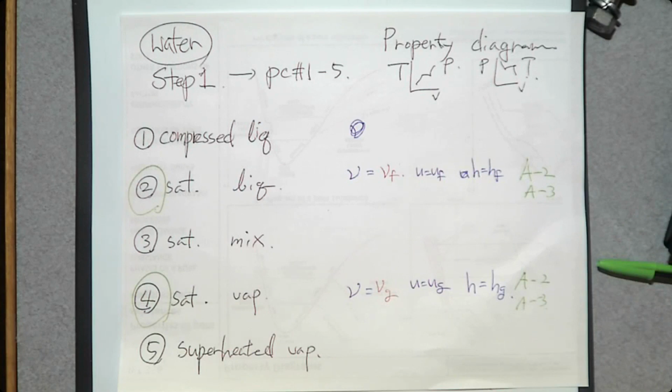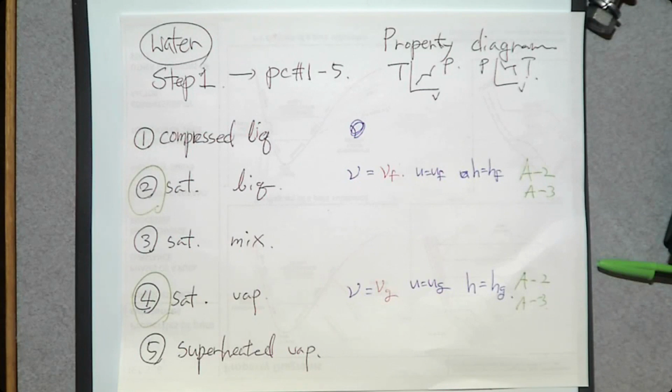Let's say 10% liquid, 90% vapor, or 50% vapor, 50% liquid, 30% liquid, 70% vapor. Depending on the ratio between liquid and vapor, the properties of the mixture should be different. So if you want to evaluate the properties of this saturated mixture, you need to know the mixing ratio first. How much liquid do you have? How much vapor do you have in the mixture?